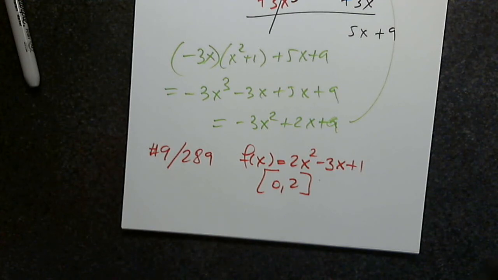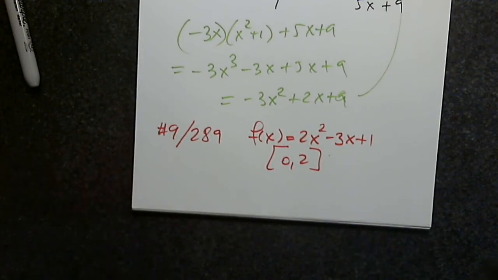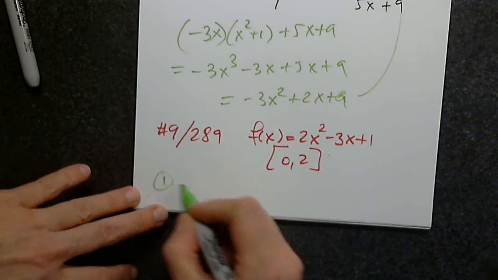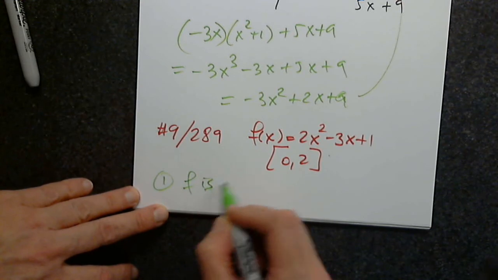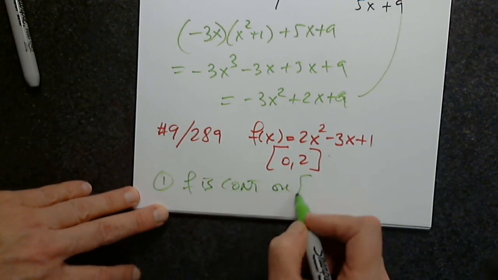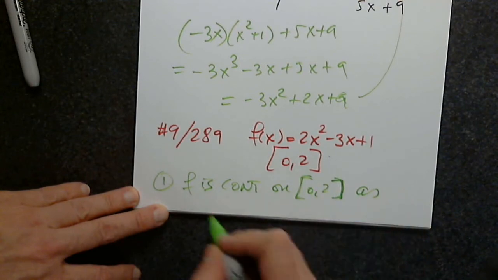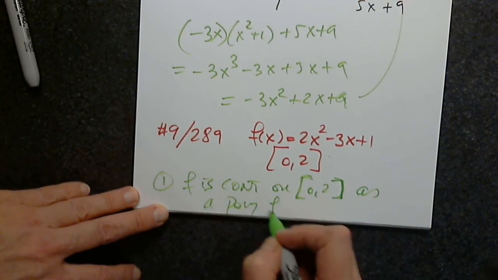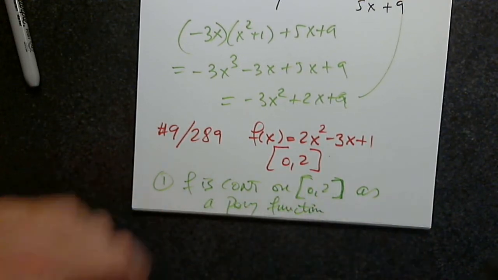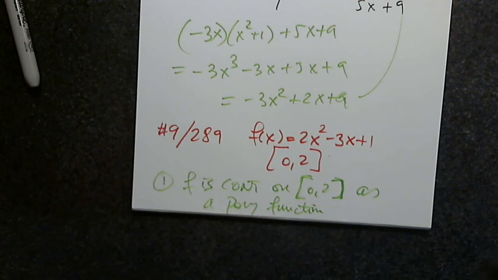And we're asked, verify the hypothesis. I have to write that, number one, f is continuous on 0, 2 as a polynomial function, which we know is continuous everywhere.